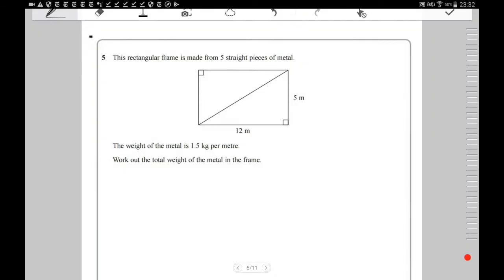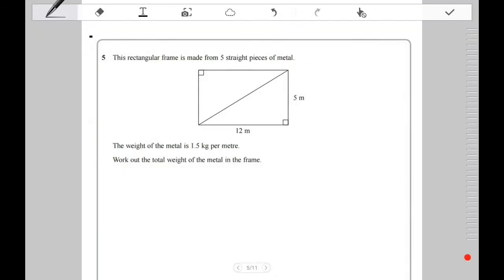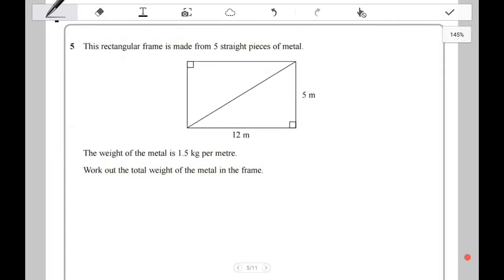So, question 5. This rectangular frame is made from 5 straight pieces of metal. The weight of the metal is 1.5 kg per meter. Work out the total weight of the metal in the frame. The way to approach this question is we need to work out the length of each of the members in the frame, because they've given us a value here which says 1.5 kilograms per meter.